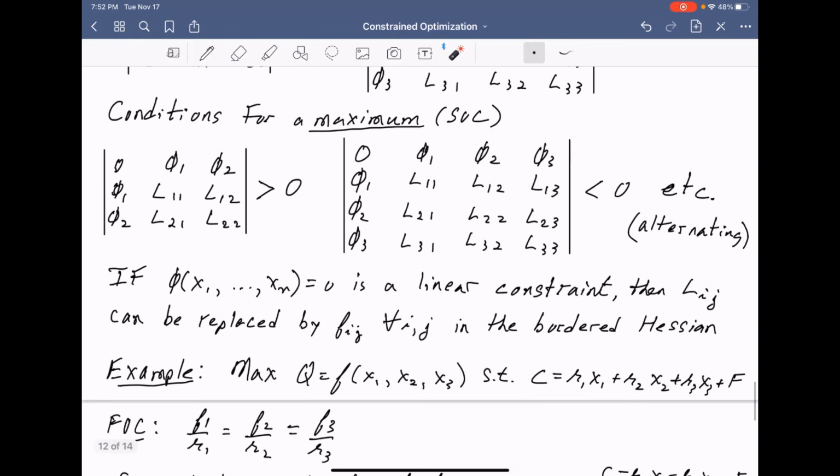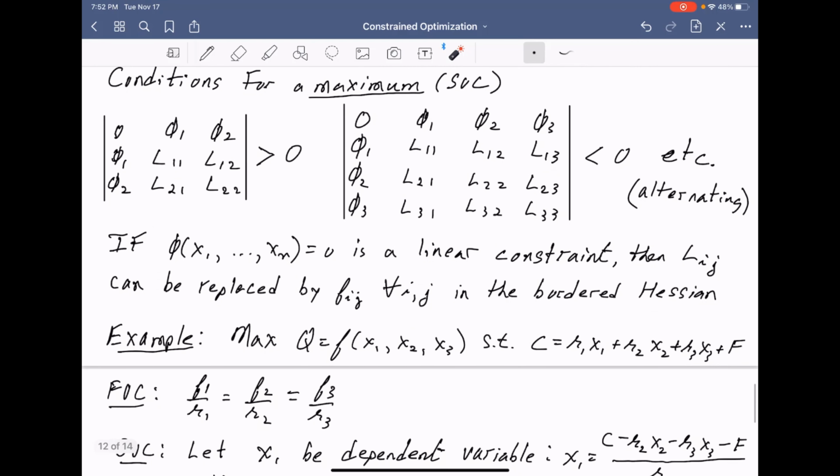If phi as a function of x1 through xn equal to 0 is a linear constraint, then this Lij, the second partial derivative of the Lagrangian with respect to xi, xj, can be replaced by Fij for all ij in the bordered Hessian. So in other words, these L's would become F's.